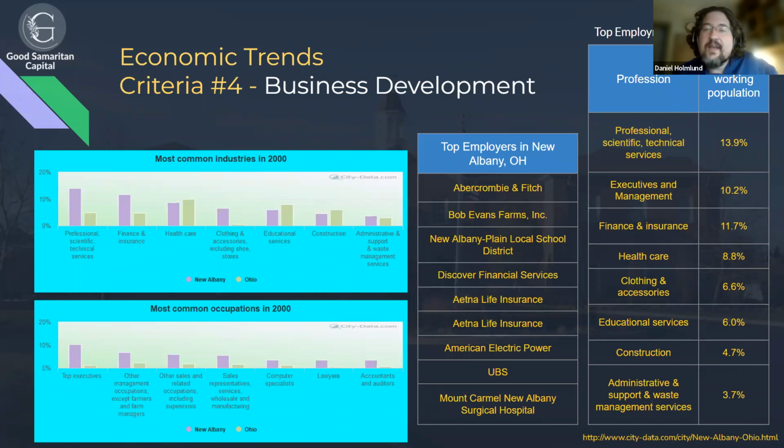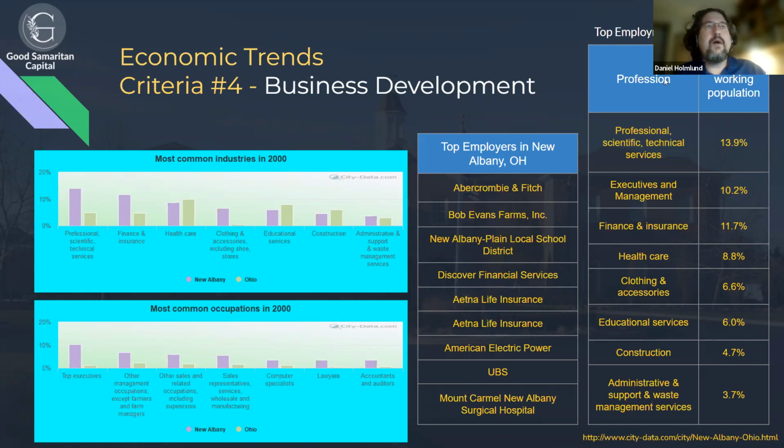And then after that, New Albany and Columbus, actually, I don't remember if this statistic was for Columbus or New Albany, probably Columbus as a whole, has over 70 insurance companies that are represented in this area. So insurance is a big employer in the area. And then of course, power and energy is another huge employer in this area. Financial services, also very big.